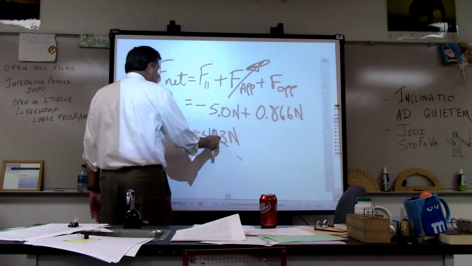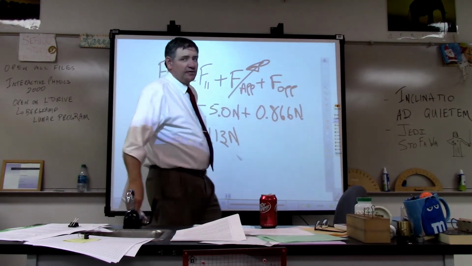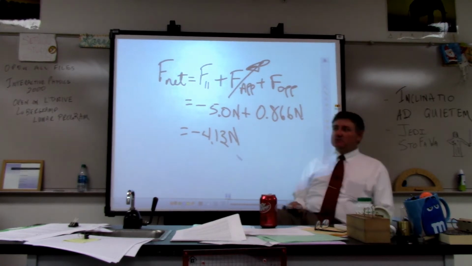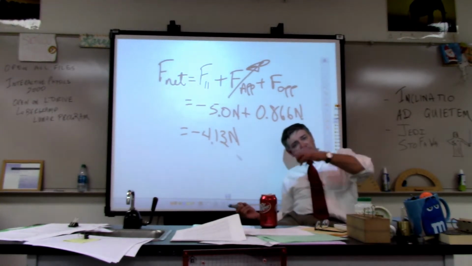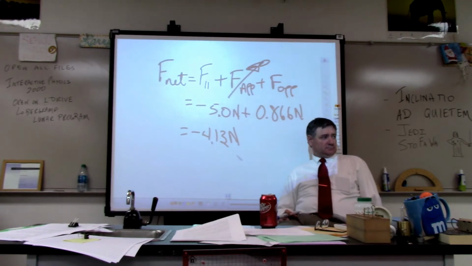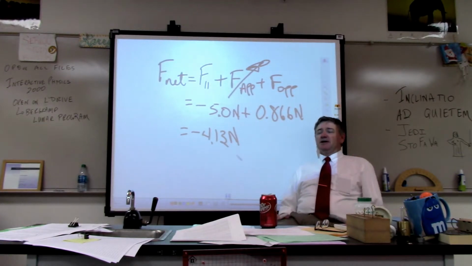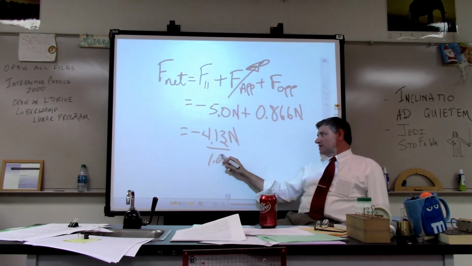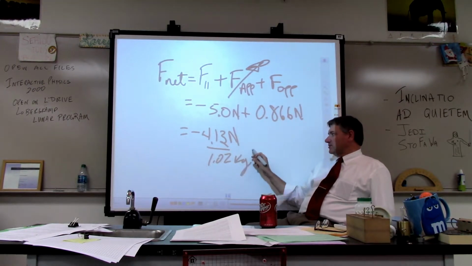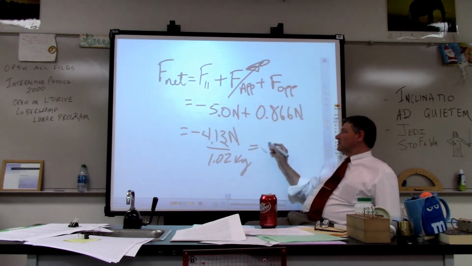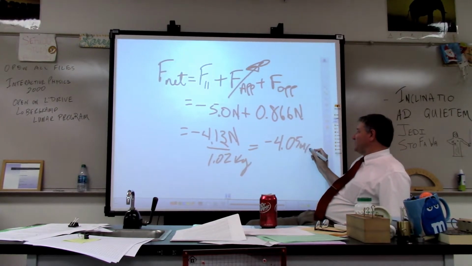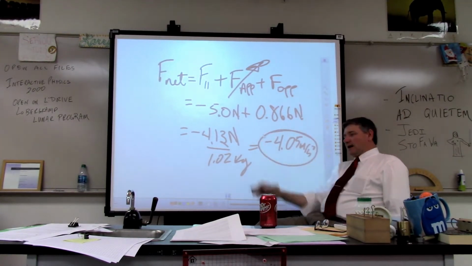Now, what's happened to my net force now that there's friction? Net force has become smaller because now I have friction that I have to overcome. Groovy. Now, how am I going to get my acceleration? Somebody take that and divide it by 1.02 kilograms. Negative what? 4 point what? Now, what's happened to my acceleration now that there's friction?